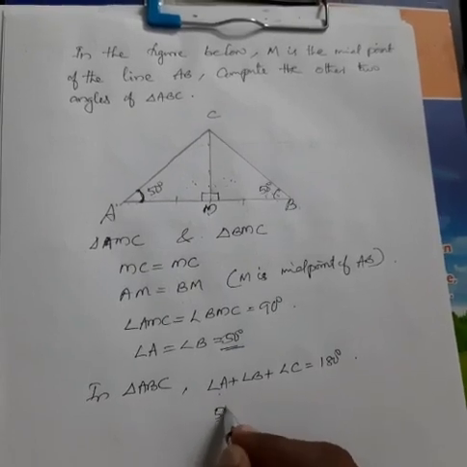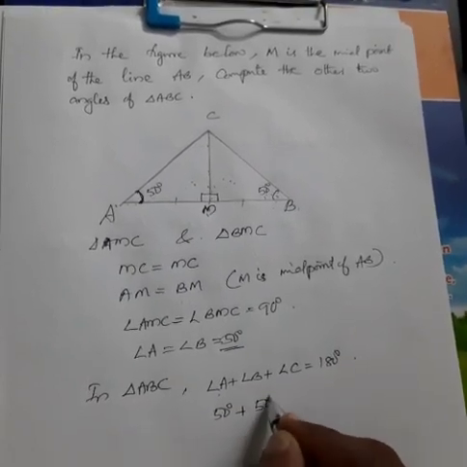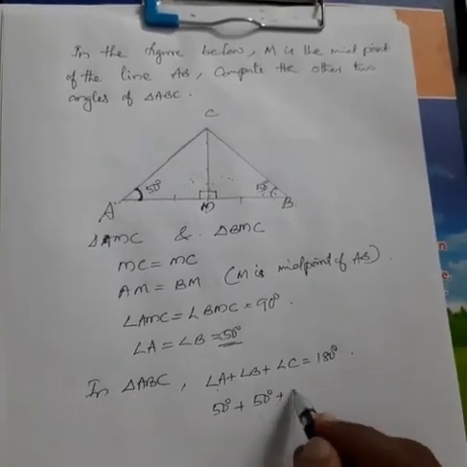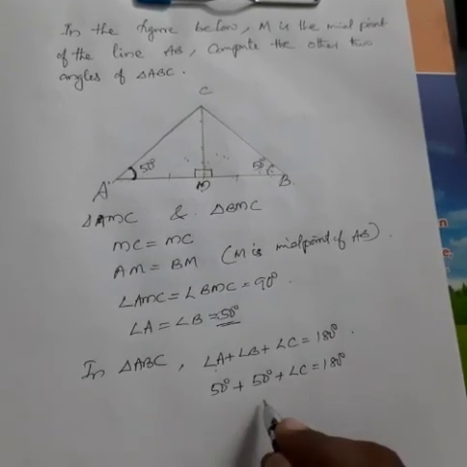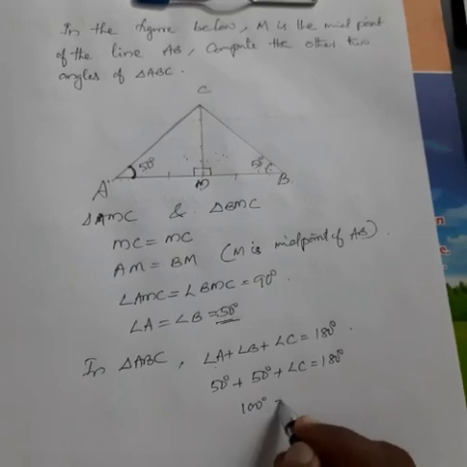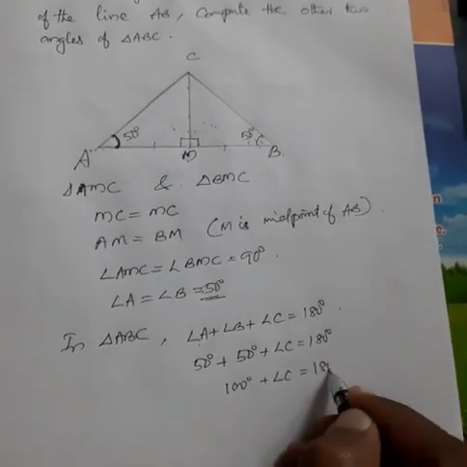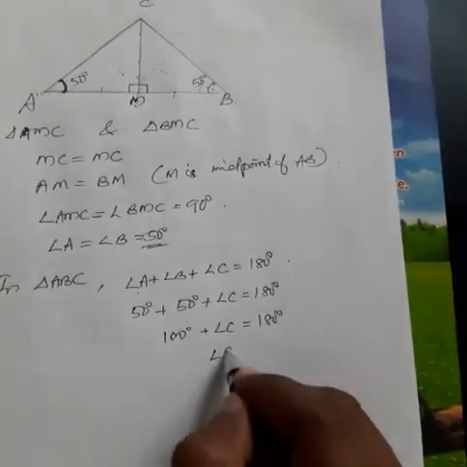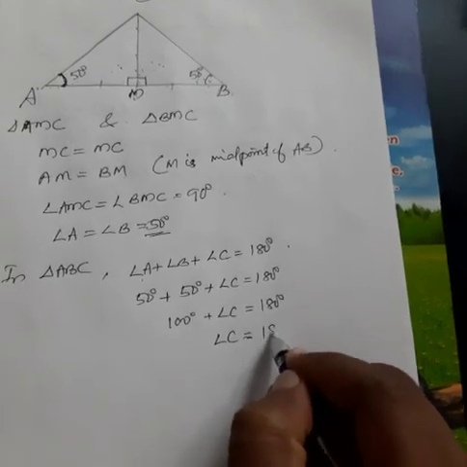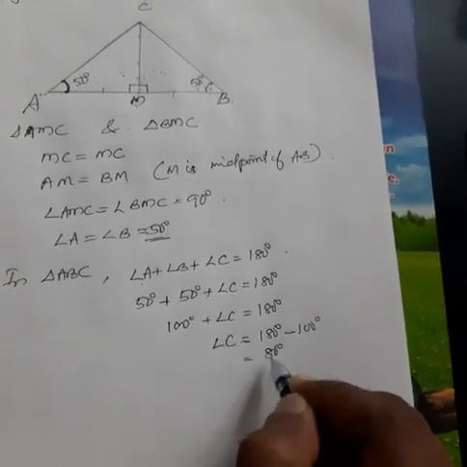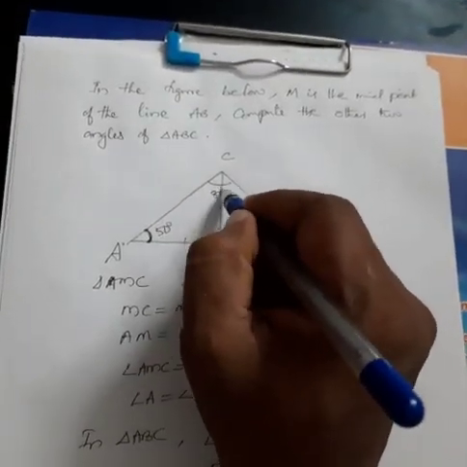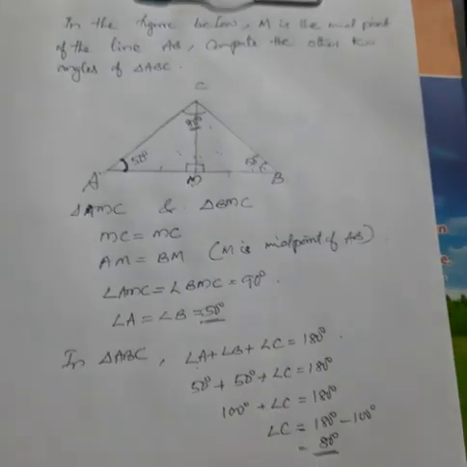Angle A is 50 degree and angle B is also the same 50 degree plus angle C is equal to 180 degree. So you can write 100 degree plus angle C is equal to 180 degree. So what about angle C? Angle C is equal to 180 minus 100 degree. So we will get 80 degree.